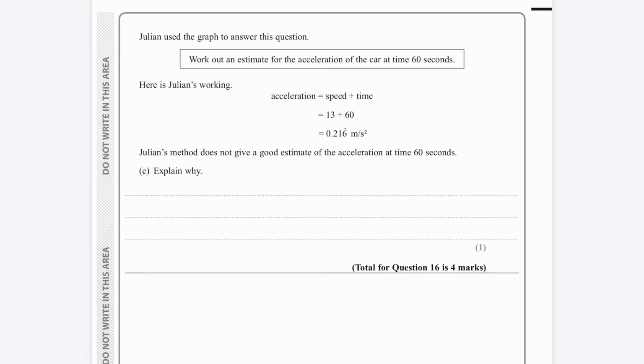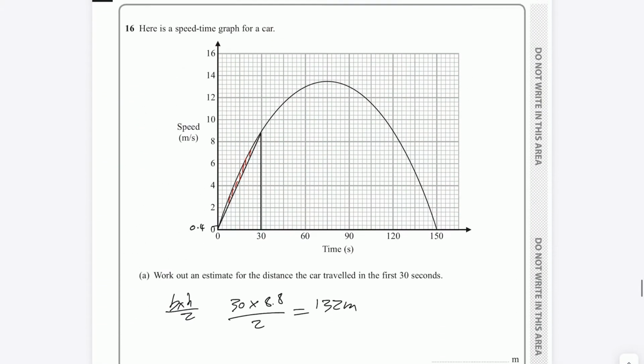Julian has used the graph to find the acceleration at time 60. That's working out. Acceleration is the change in speed over time taken, and just for a bit of context, at 60 seconds what you would actually do is create a point there, and use a ruler to draw a tangent at that point.